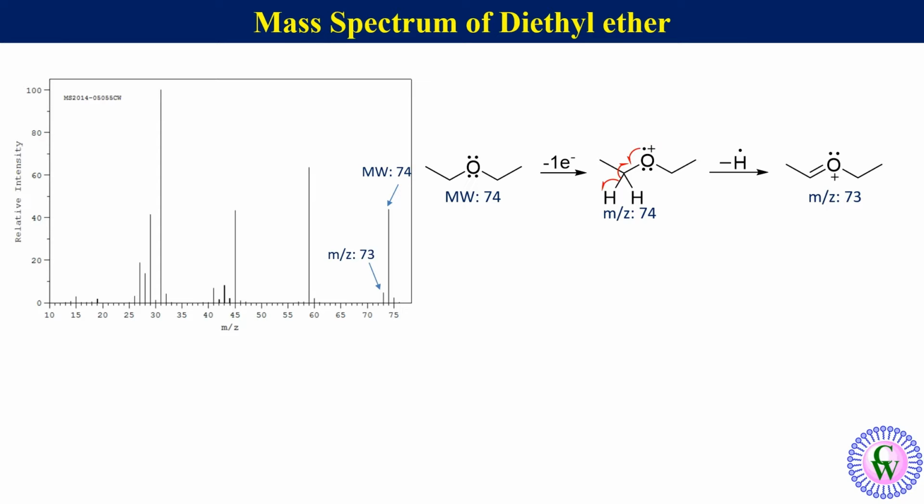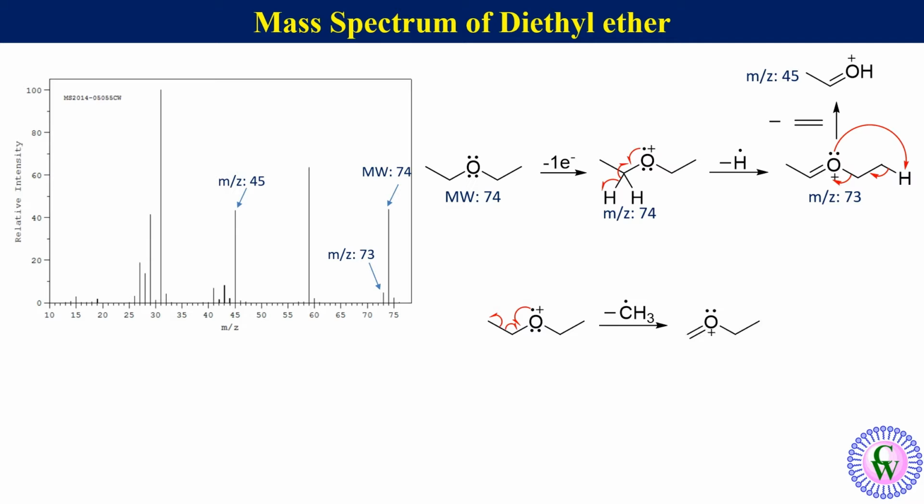The O-ethyl group has beta hydrogen, so it will undergo beta elimination to produce ethylene and protonated acetaldehyde with M by Z 45. The parent ion can undergo beta cleavage to produce methyl radical and O-ethyl formaldehyde oxonium ion with M by Z 59.